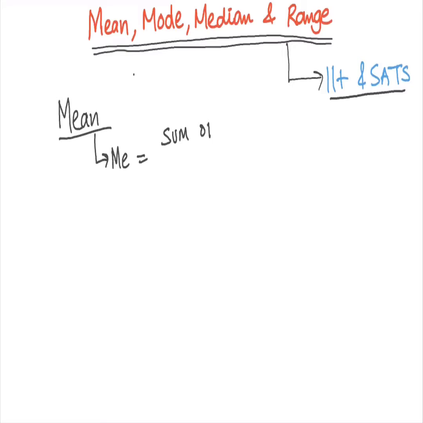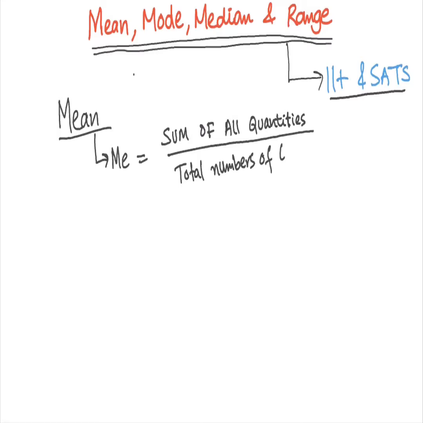So the sum of all quantities divided by the total number of quantities. So mean is ME, the sum of all quantities divided by the total number of quantities.